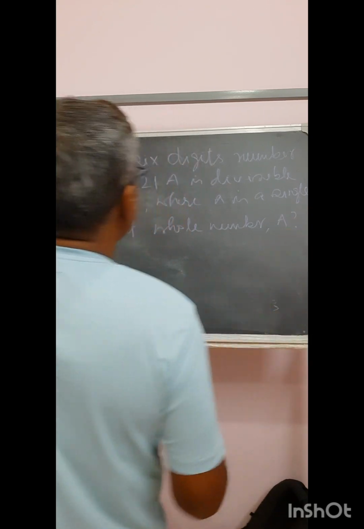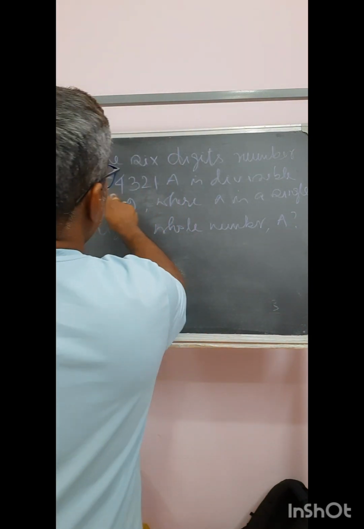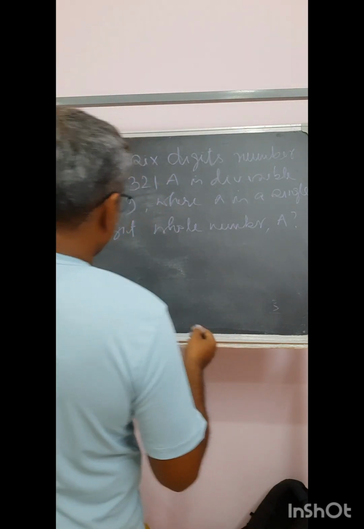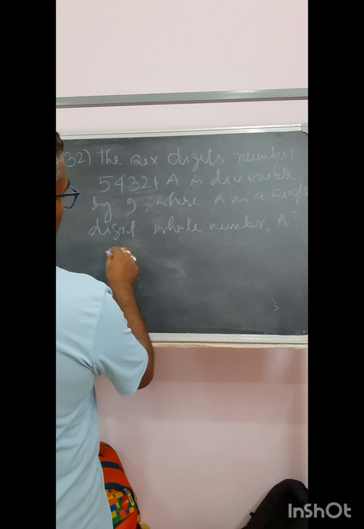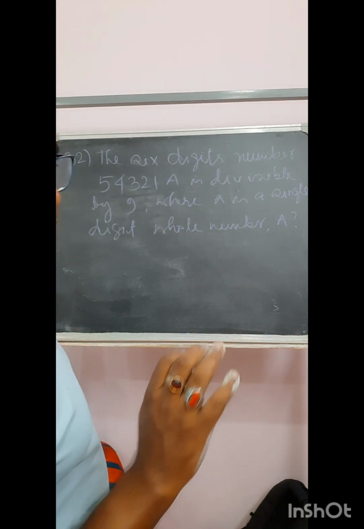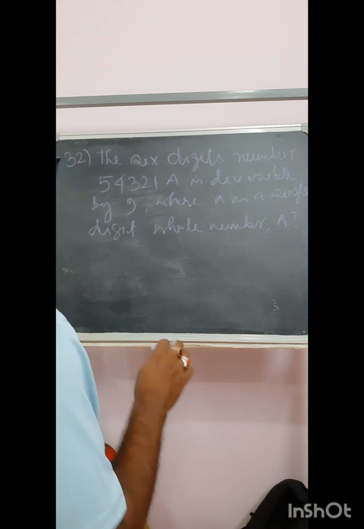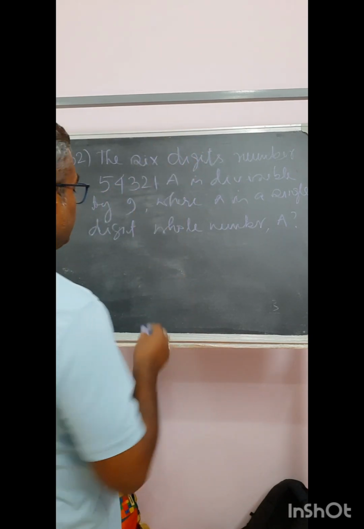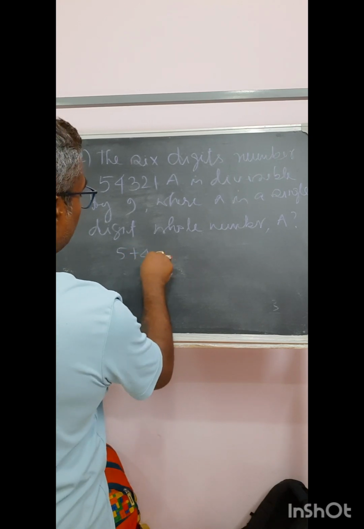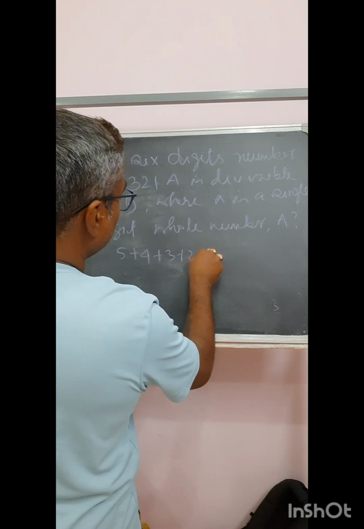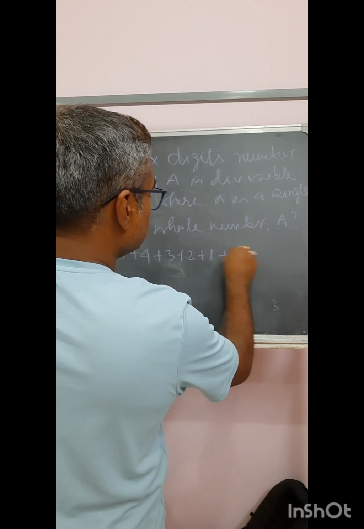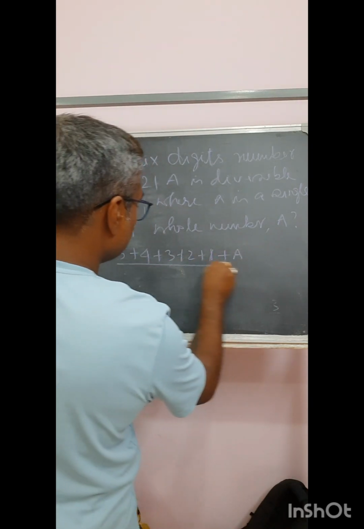What is a? Now, as the number is divisible by 9, the rule for 9 is you have to sum all the digits, and if the sum is divisible by 9, then the number itself is divisible by 9. Now, if I add the digits, it is 5 plus 4 plus 3 plus 2 plus 1 plus a. It has to be divisible by 9.